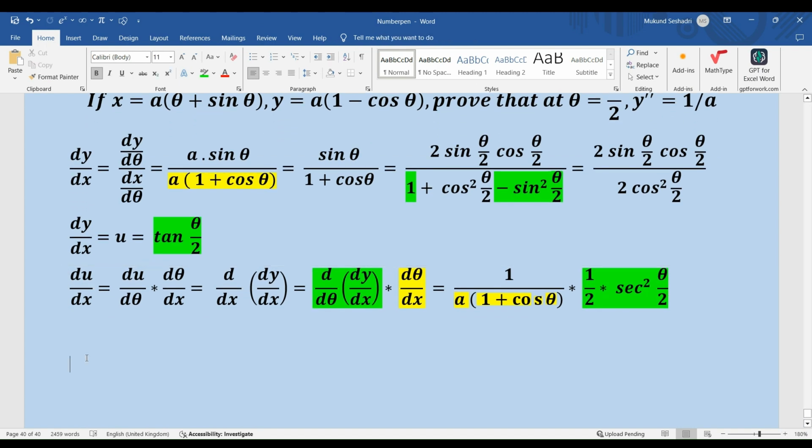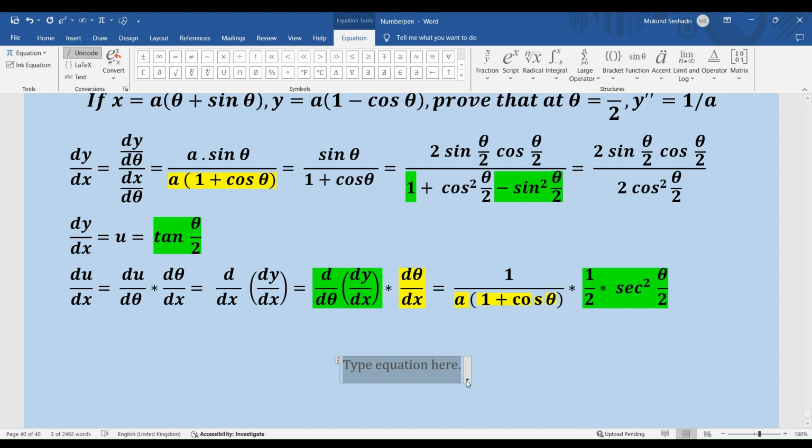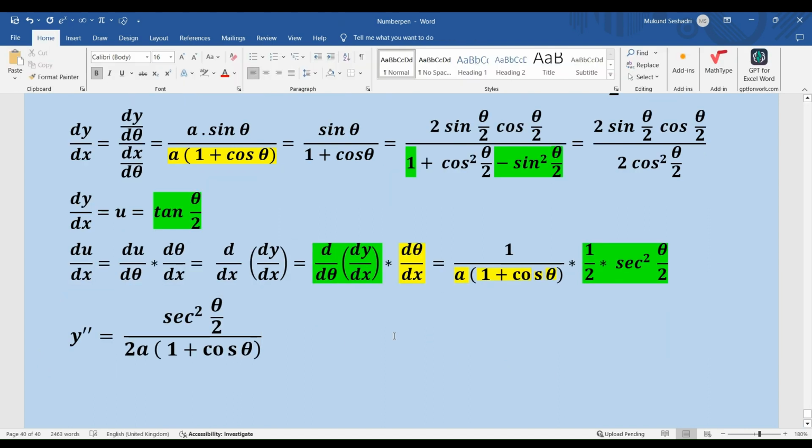So now I have my y double dashed, which is nothing but my du by dx, right? So I write this down. So this is what I have when I express it in the x by y format. Secant square theta by 2, the whole divided by 2a into 1 plus cos theta, right?